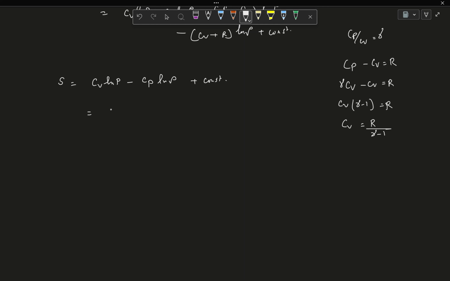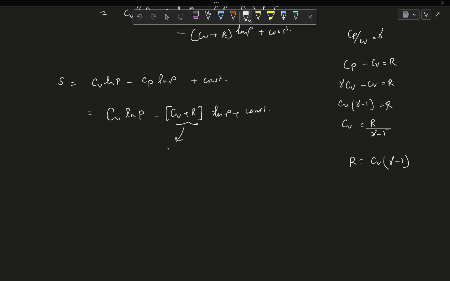So R is basically Cv times gamma minus 1. So this is Cv ln P minus Cp, which is just Cv plus R, so that we just converted.